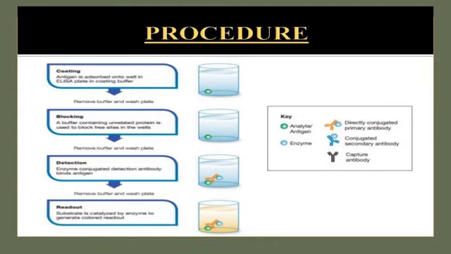Then we come to the step of blocking. We add blocking buffer. This will block the free sites in the wells, so that when we add the antibodies, there is no binding to other antigens or anything else in the well, and it will bind specifically to the antigen that we have coated.